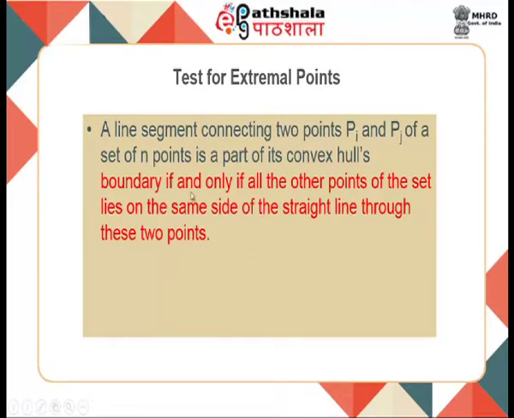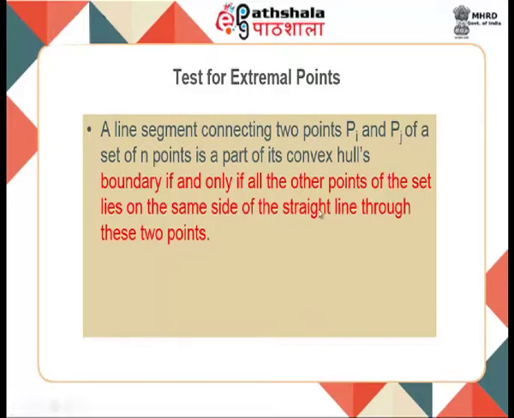You can see how we solved the problem in brute force strategy. We took 2 points P i and P j, and constructed the line segment, and what we said is all the other points should exist on one side of the line in order to qualify that these 2 points form the vertices of the convex hull.